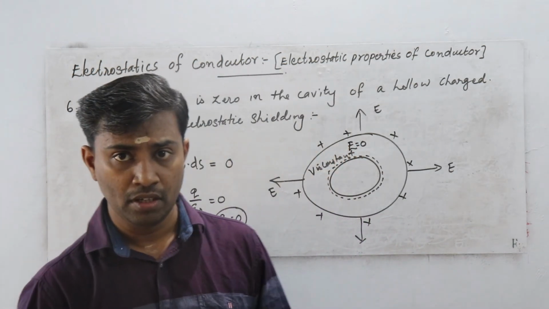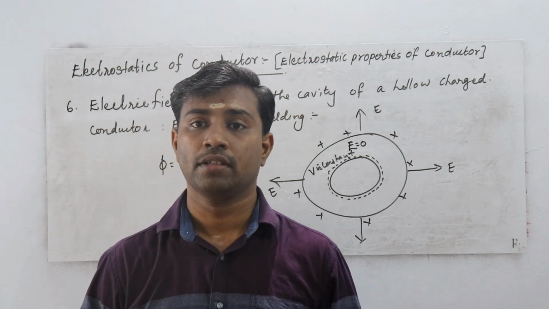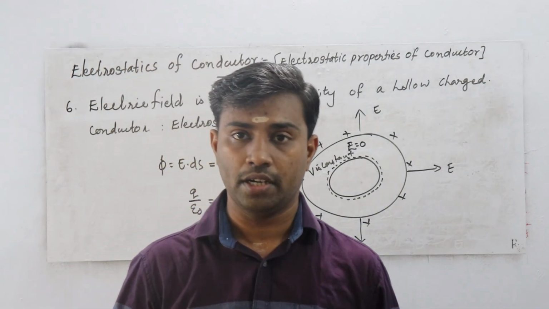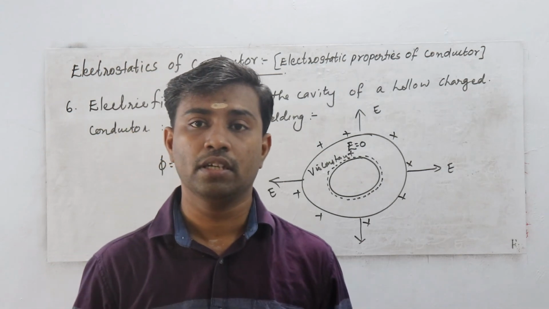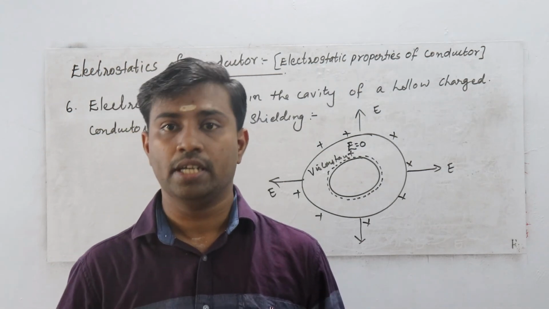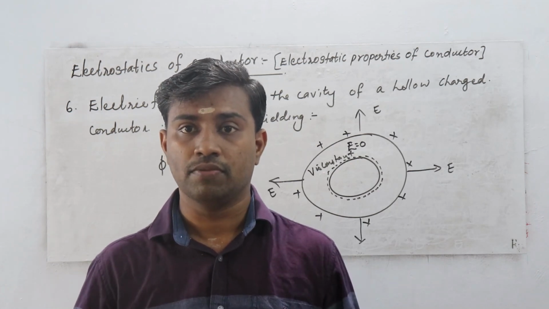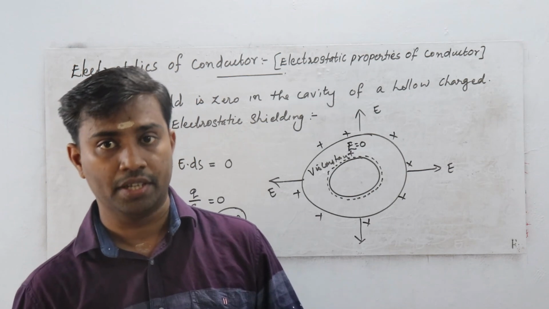So electrostatic shielding has a lot of uses. Today we discussed the electrostatic properties of the conductor. The first property we discussed: electric field in the interior of a conductor is 0. The second is that the electric field on the surface is always in the normal direction.